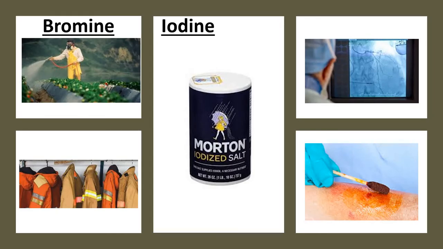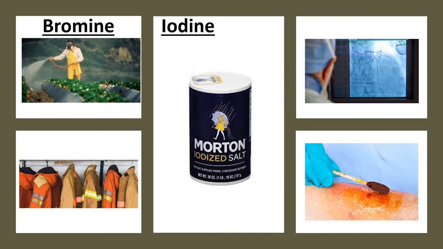Okay, bromine. There's not too many uses for it anymore because it is relatively toxic. As you can tell by the person wearing the mask that's spraying it, it is used as an insecticide. And the coats below are actually for firemen if you don't recognize them.